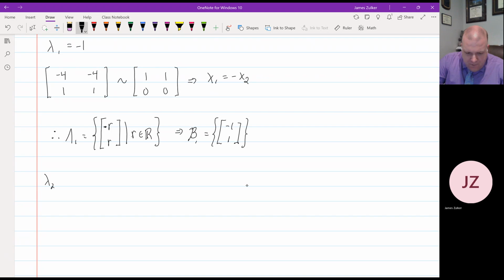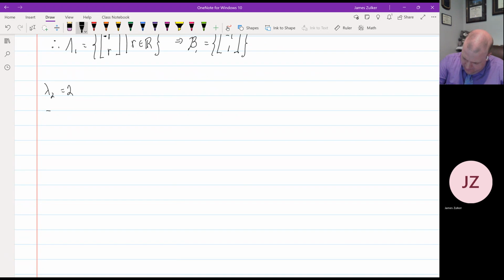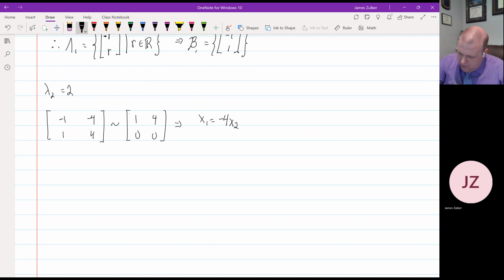All right, so now for the second eigenvalue, which is 2. That'll RREF. We'll reduce to this. This means that x1 is -4x2.